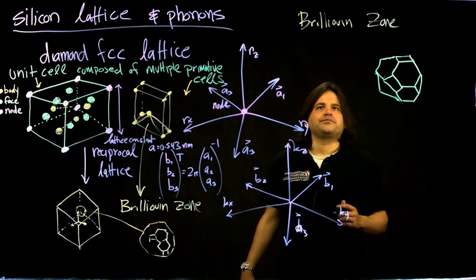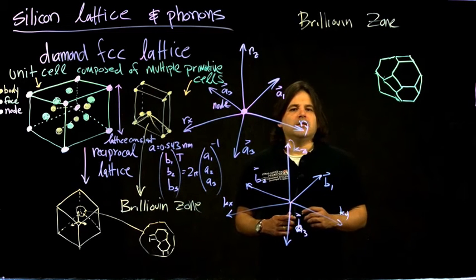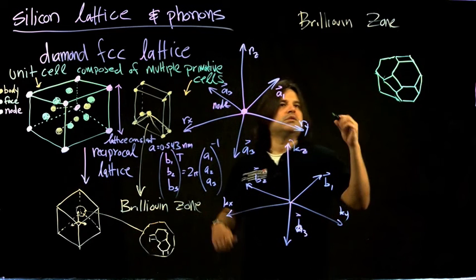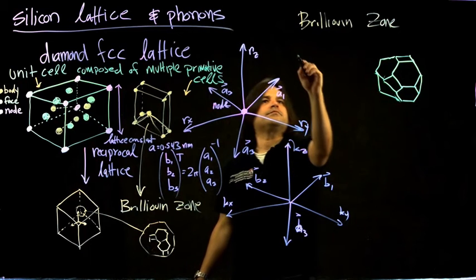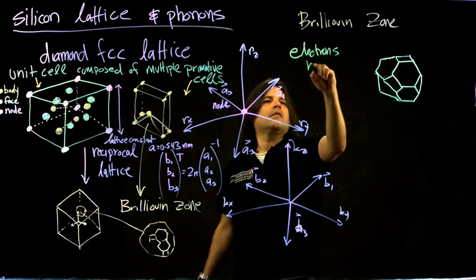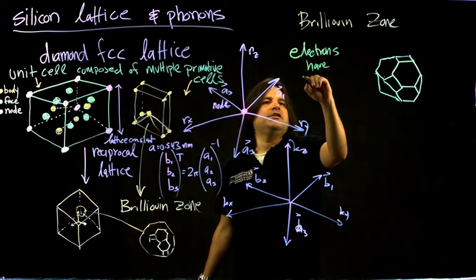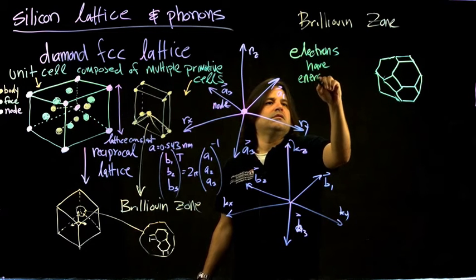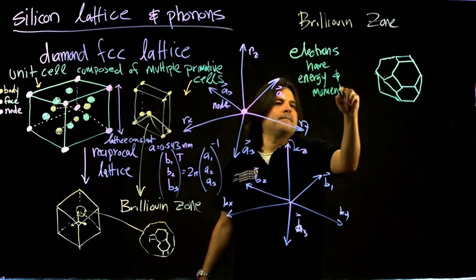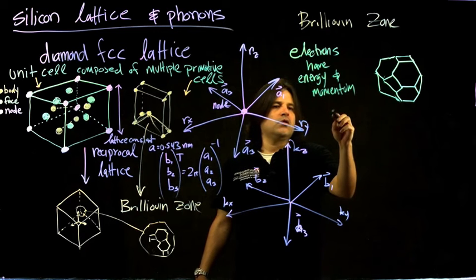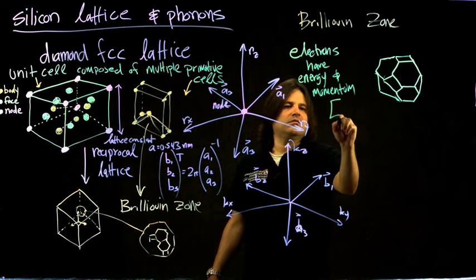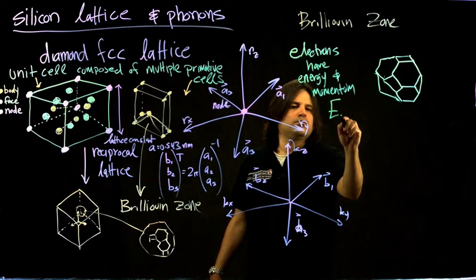So electrons have energy and momentum. The energy of the electron, of course, let's call it E of the electron.